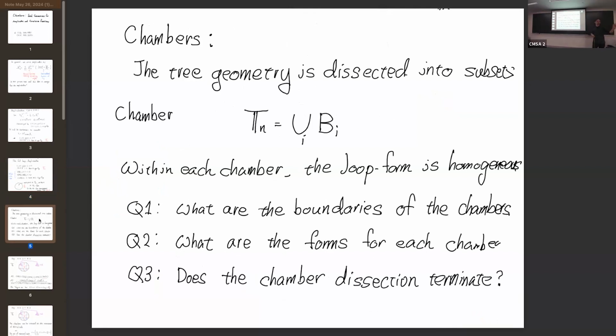Once you move outside the chamber, across a boundary to another chamber, you have a different loop form. Therefore, the loop geometry becomes a sum of products instead of a direct product. Now, of course, this is just a working definition. We can immediately ask questions.